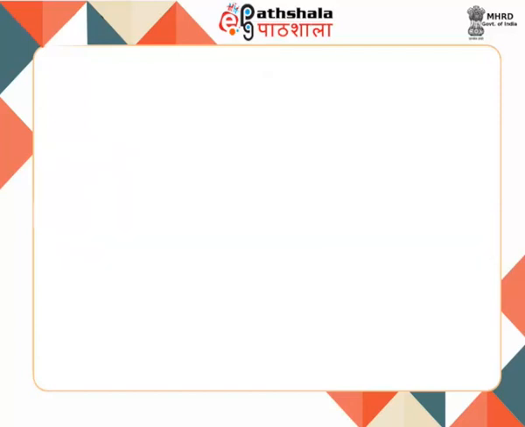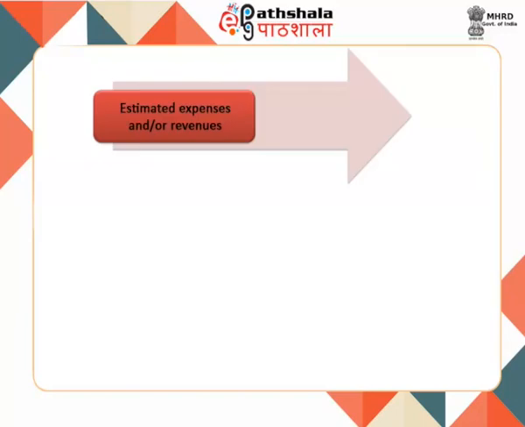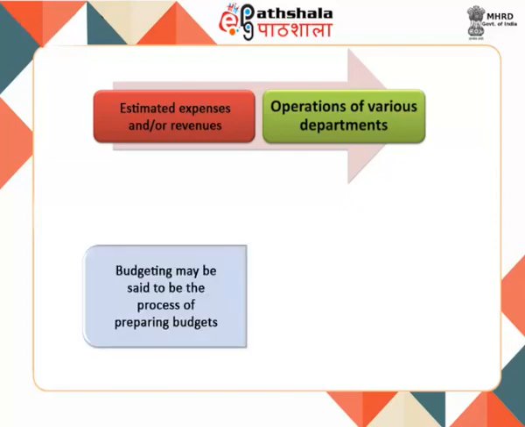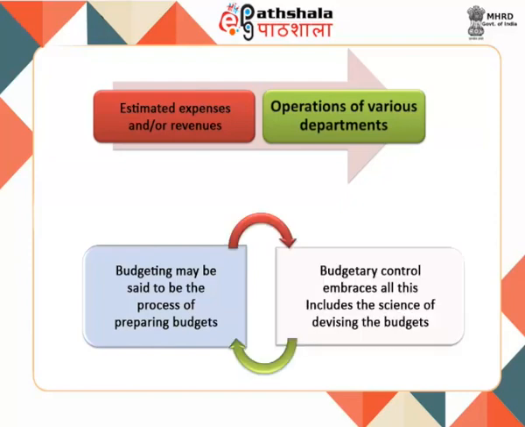A budget is the plan of estimated expenses and or revenues associated with the operations of various departments of the organization. Budgeting may be said to be the process of preparing budgets, while budgetary control embraces all this and, in addition, includes the science of devising the budgets themselves and using such budgets by the management for effective overall control over the operations of the organization.